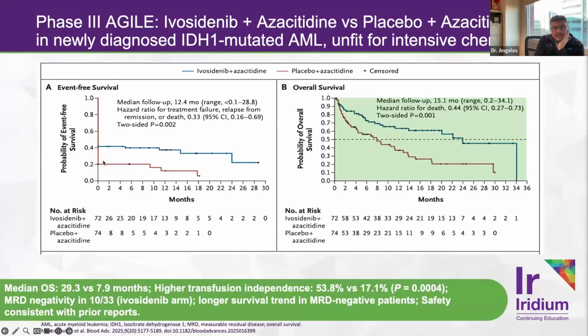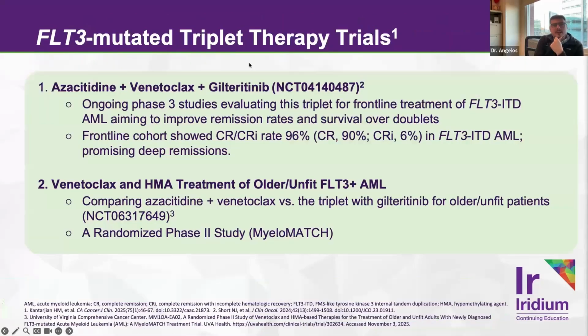What I like about this study is that it demonstrated that Ivo-Aza was relatively tolerable and led to a median overall survival that was just about on par, maybe just a little bit better than what we see with the Aza-Ven combination. So I often will reserve ivosidenib with azacitidine for those older and maybe frailer patients that we might think will have an issue with slightly more intensive venetoclax-based therapy and some of the side effects that go along with that.